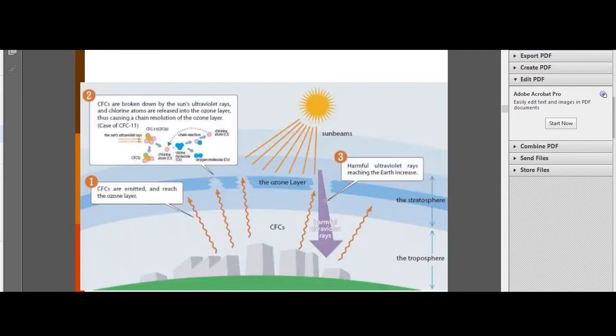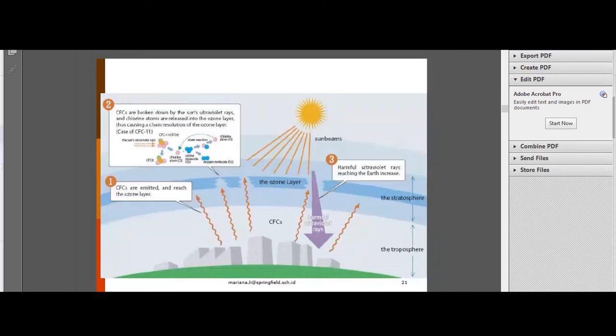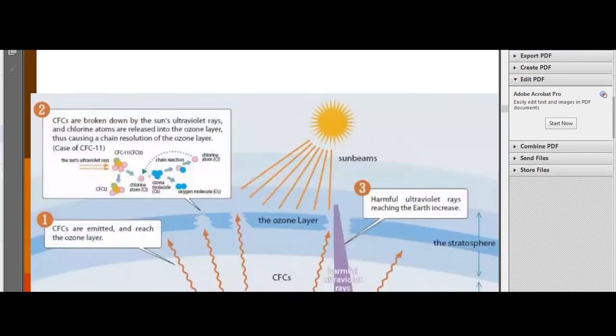Okay, this is what happens when we use chlorofluorocarbons. First, the chlorofluorocarbons are emitted, and then reach the ozone layer. Next, in the ozone layer, CFCs are broken by ultraviolet light, and chlorine atoms are released into the ozone layer. Later on you will see that it causes a chain reaction and makes the ozone layer destroyed.